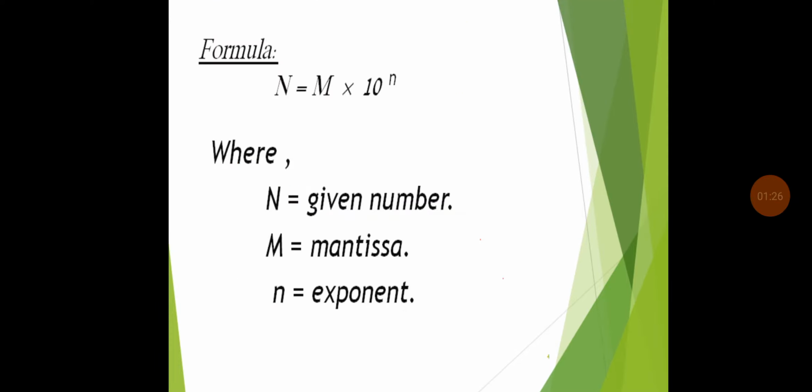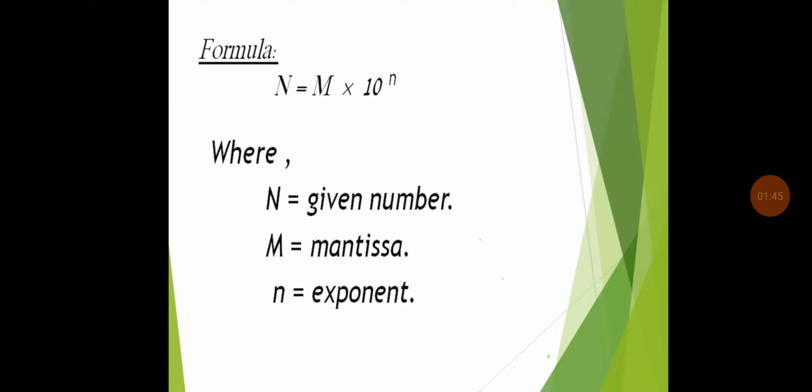So these types of values are very difficult to write out in full. For these greater and smaller values, we have a specific formula for writing them, and our formula is N equals M multiplied by 10 power n.